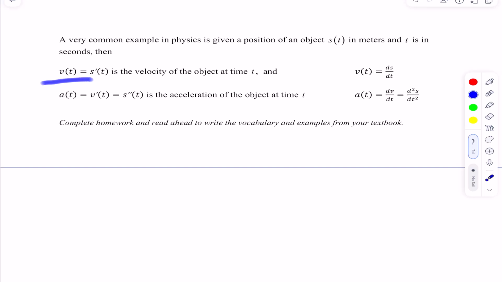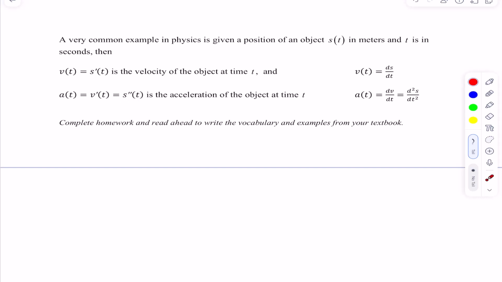So notice the derivative of the position function is actually called the velocity function. The derivative of the velocity function is actually called the acceleration function. And notice we could just rename things using this very special prime notation. However, this prime notation is very confusing. It's better to say this is the second derivative of the position function with respect to time.